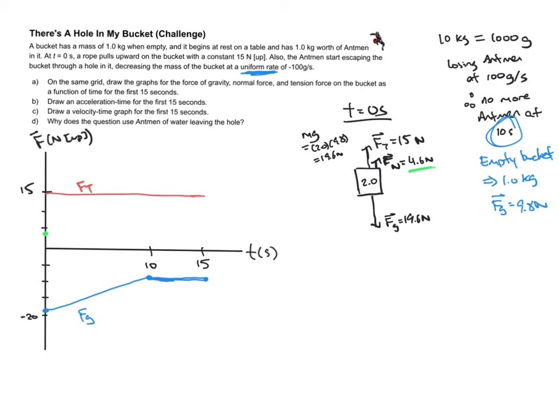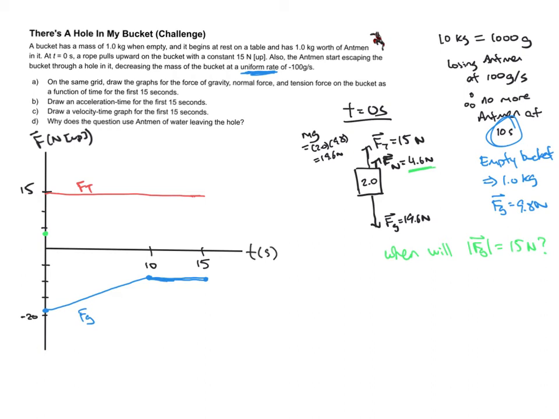So what we need to figure out is when will the force of gravity be 15 newtons? So that the tension can overcome it and there's no longer a need for the normal force.